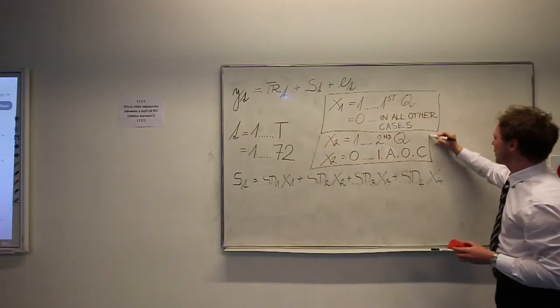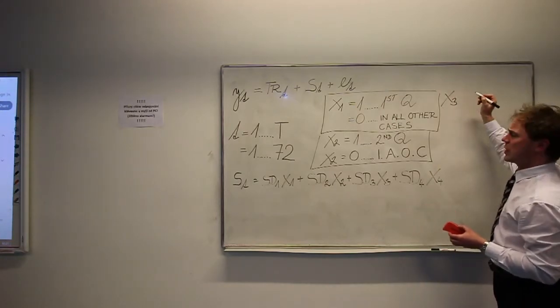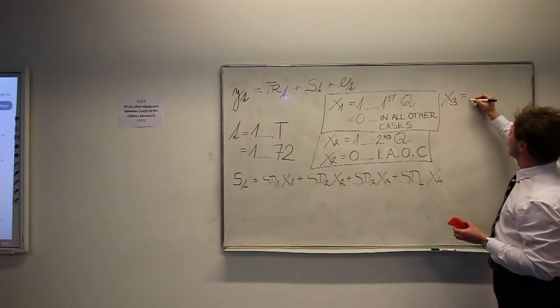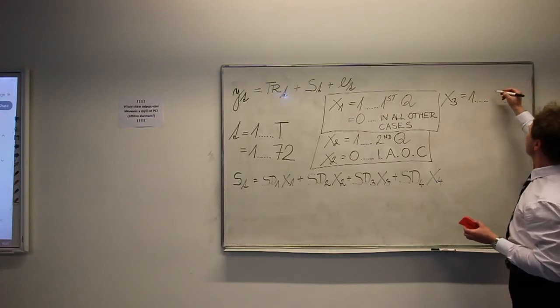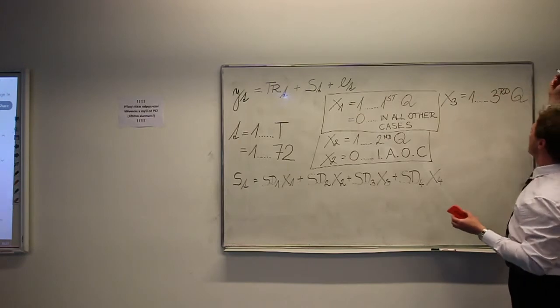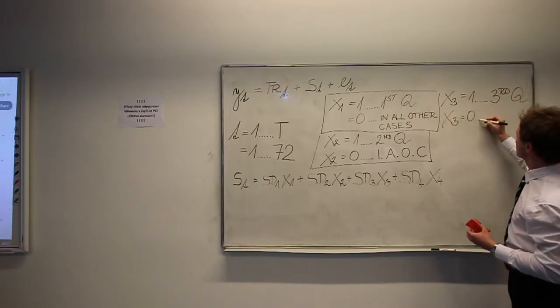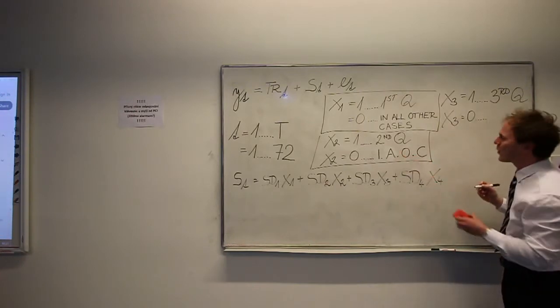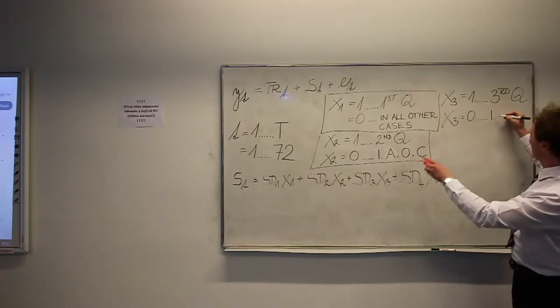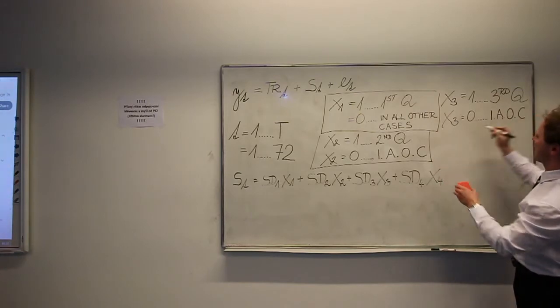So this is the situation of x2, and we can continue with x3. x3 is equal to 1 in the case that we have a third quarter of the particular year, and x3 is equal to 0 in all other cases.